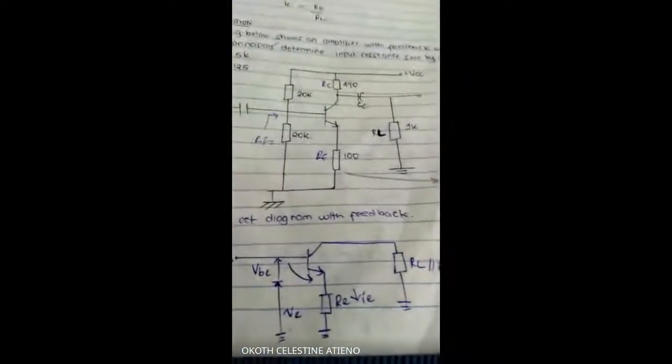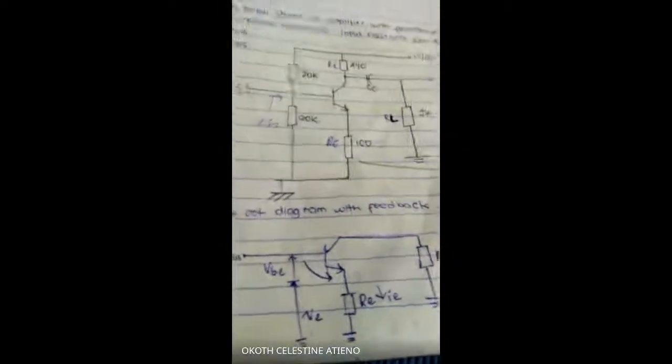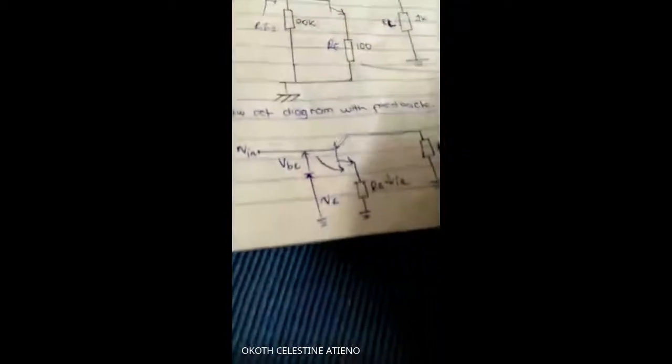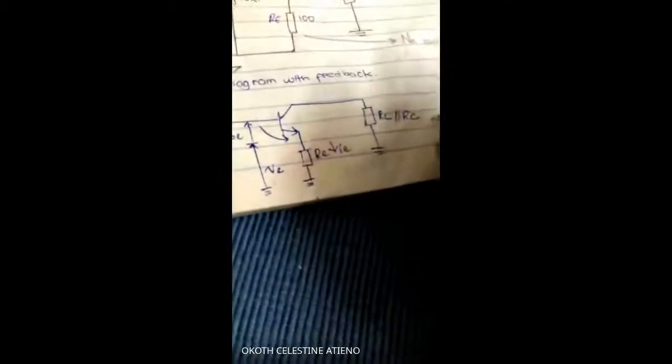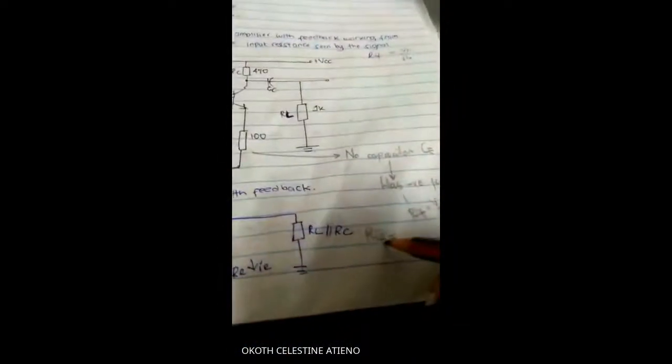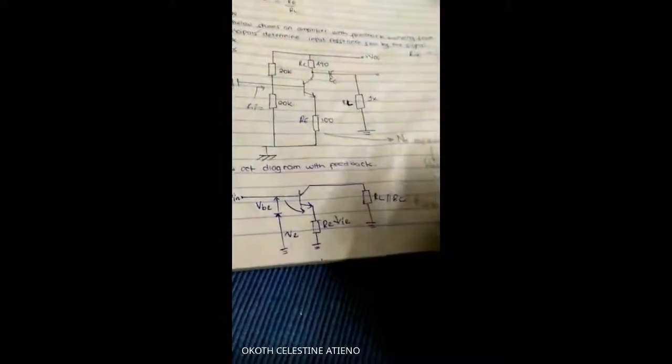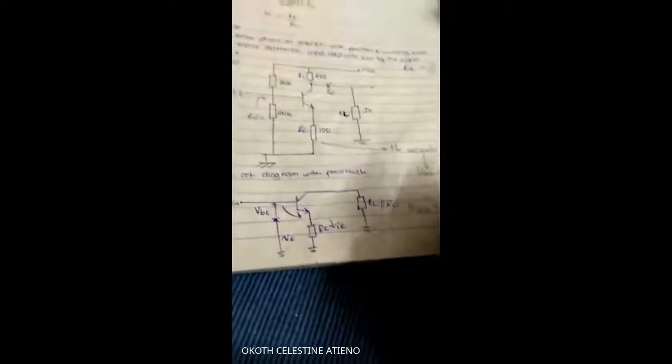So when I'm calculating my input resistance with feedback, because we said it doesn't have a capacitor, so it has feedback, that's why I'm saying it's input resistance with feedback. It is going to be V in over IB.